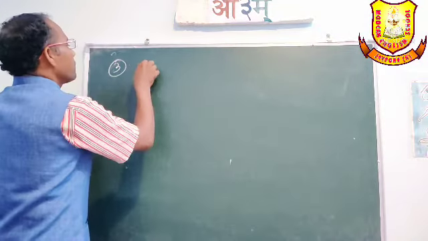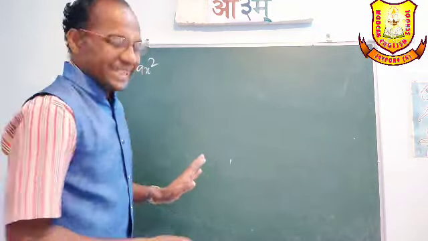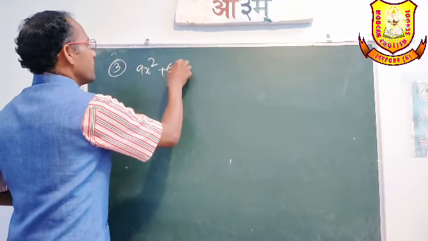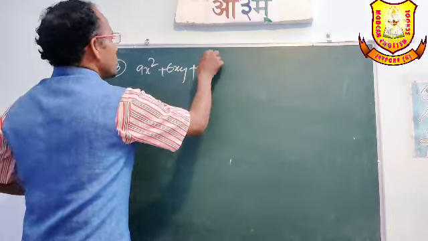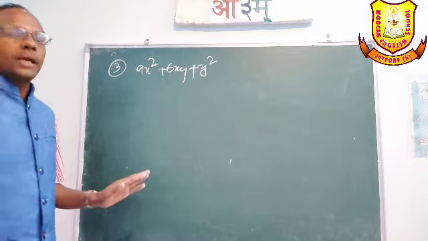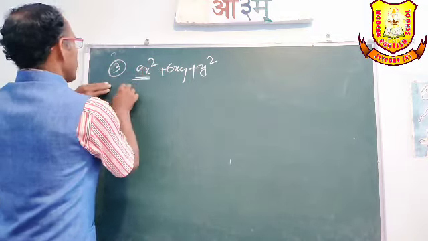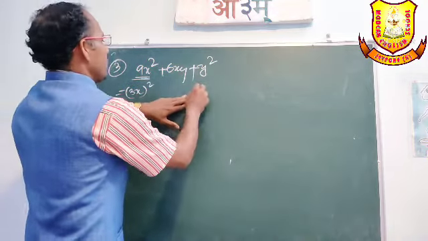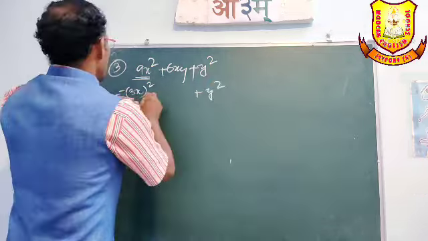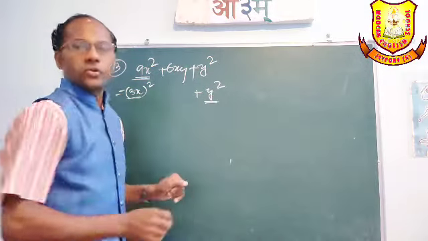9x square plus 6xy plus y square. So here you can better understand. This is 9x square, which means 3x whole square, it is given. So a square, and this one also y square is given. So a square plus b square, you understood this one.